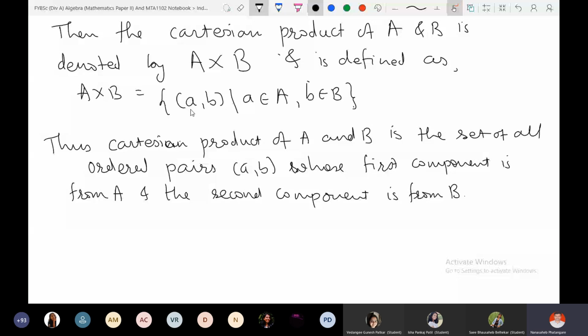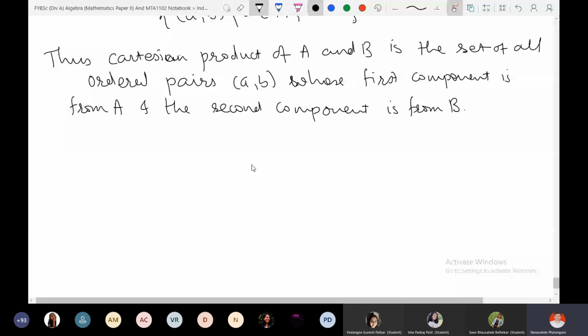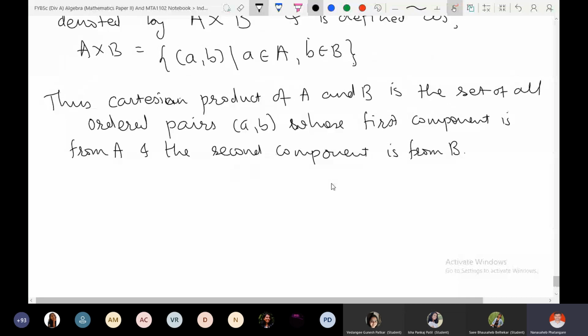So if the first component is from the first set and the second component is from the second set, then it is the set A cross B. So what is an ordered pair?